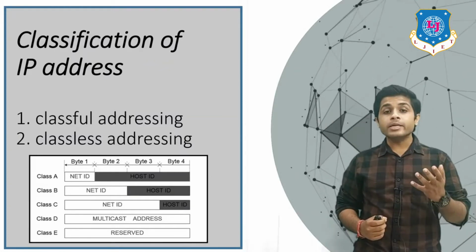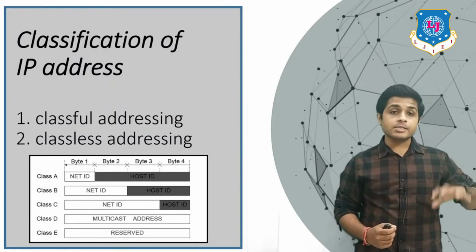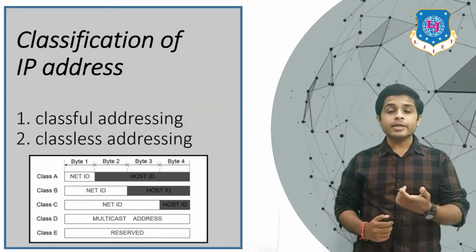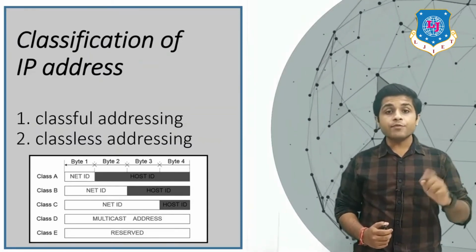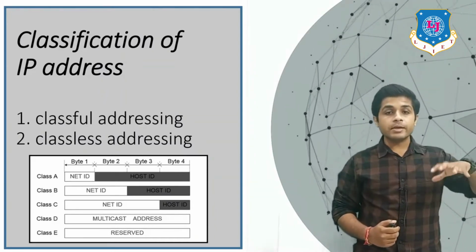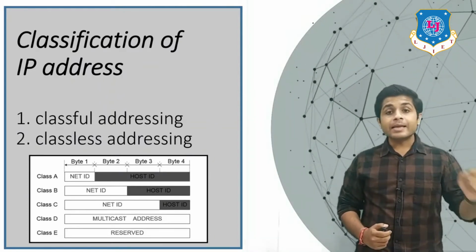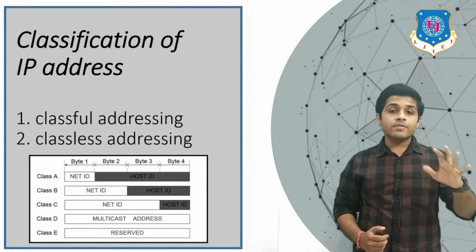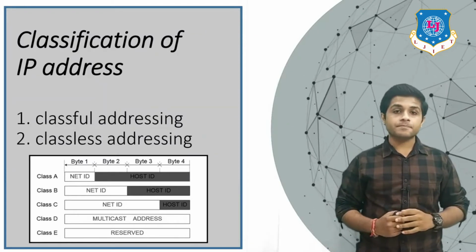So 2 raised to 8 means 256 individual networks are possible in class A. And from the host ID, you will know how many devices are possible in one network. So in class A, 2 raised to 8 individual networks are possible, and in one network, 2 raised to 24 hosts are possible.